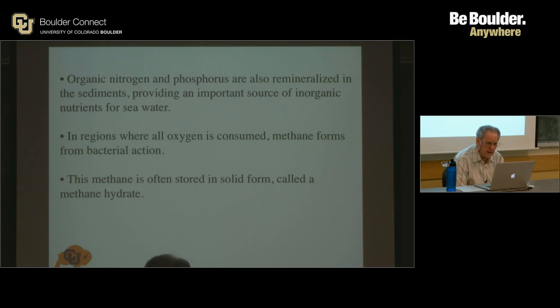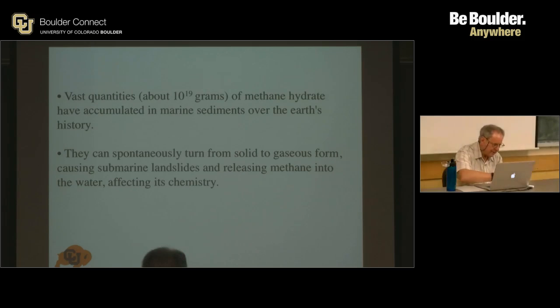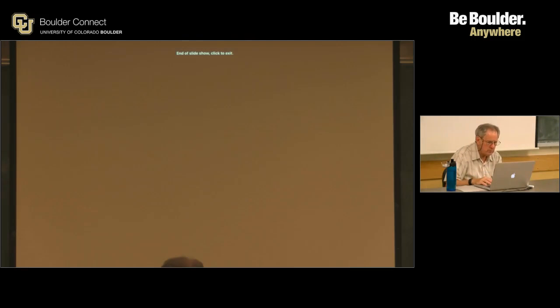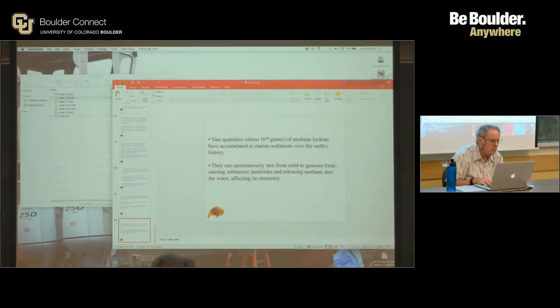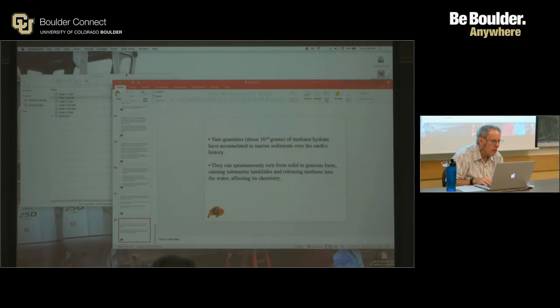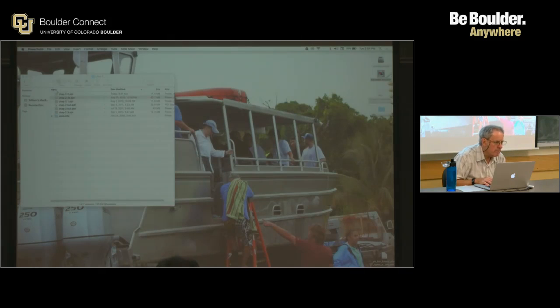And they can spontaneously turn from solid into gaseous form, causing submarine landslides and releasing methane into the water. These are the big bubbles. Okay, that's so much for that one. Okay, so that's it for talking about the basins.